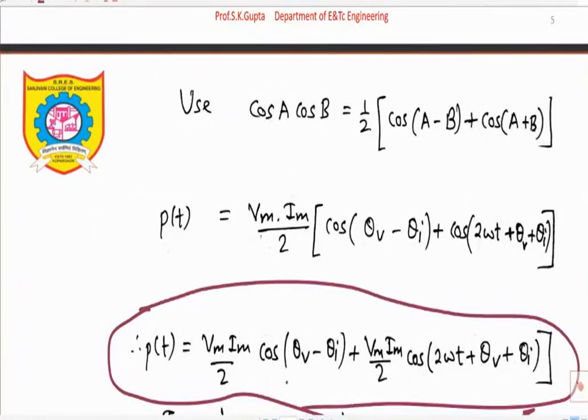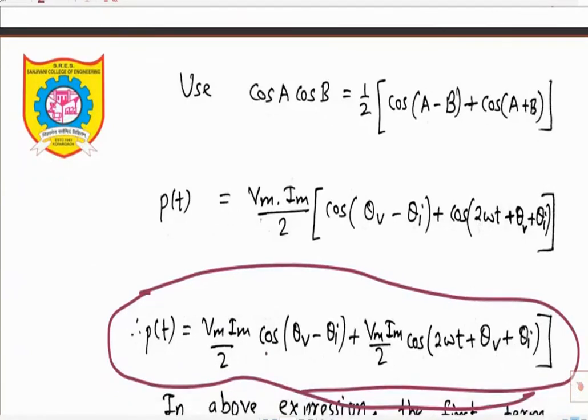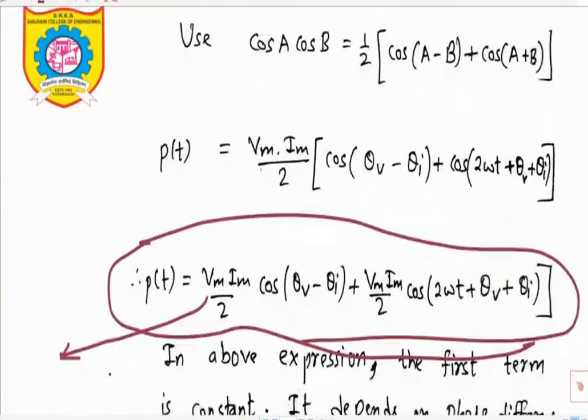Now observe this first term. As you can see, there is no t term present in the first term. That means your first term is a constant and it is independent of t. On which term is it dependent? It is dependent on the phase difference, because here it is a subtraction of phases, the phase difference between voltage and current.